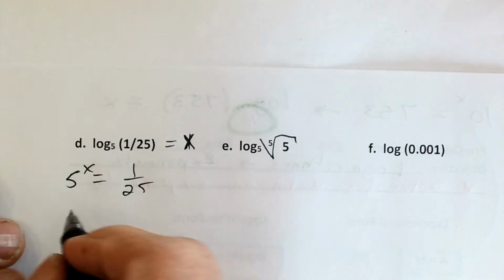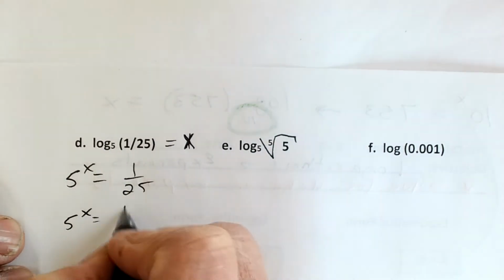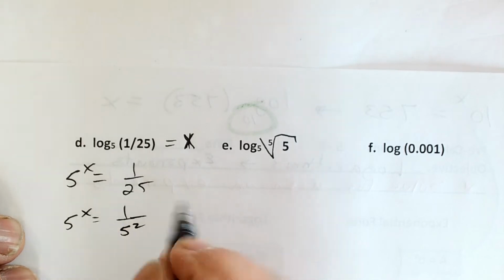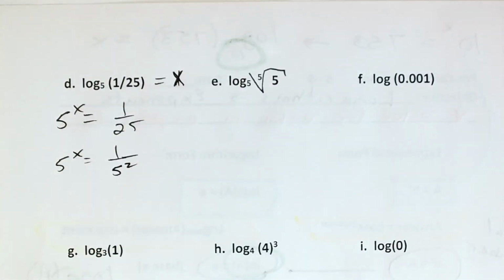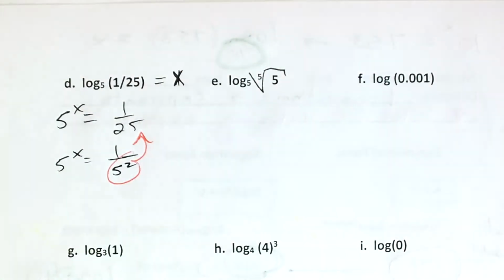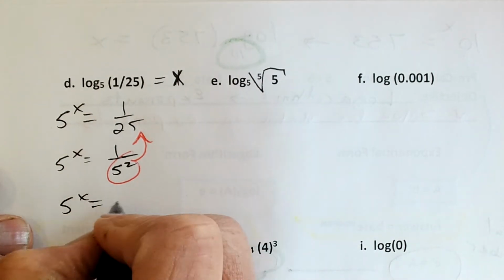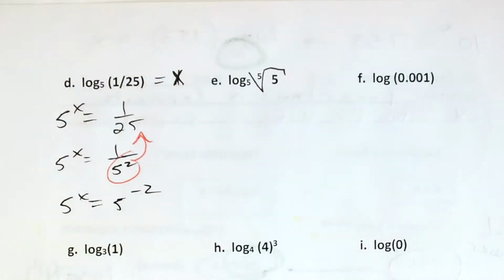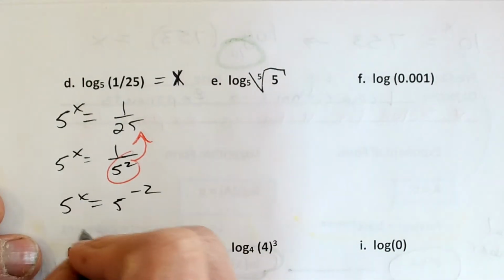Well, let me go a little step further. You okay with that? 25, right? 5 squared. What if I bring this up? What would happen if I bring that up? What would happen to my exponent? So I'd have 5 to the x equals 5 to the negative 2. What's the answer? -2. Oh, you guys are so smart. Negative 2 is the answer.